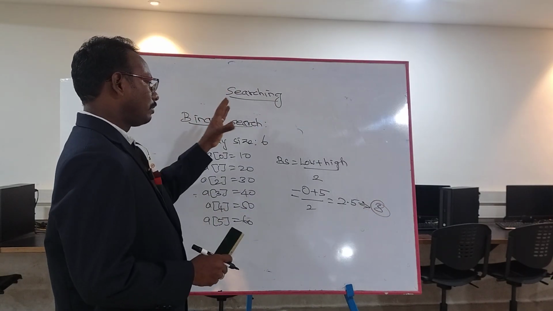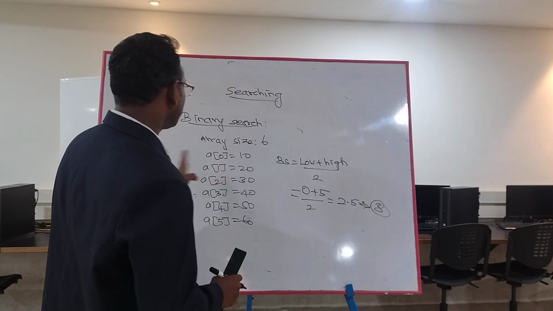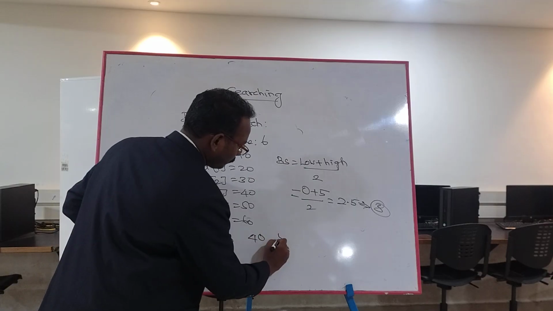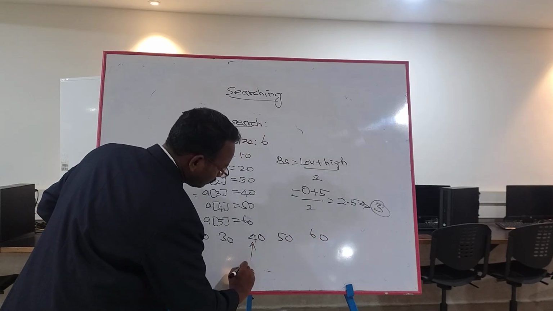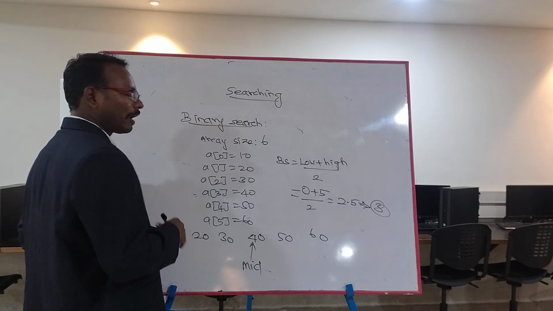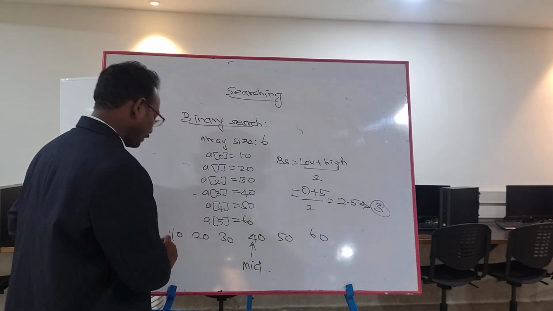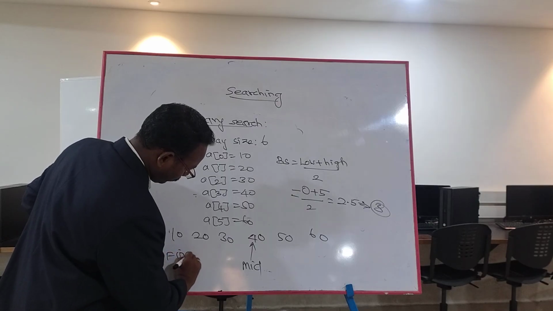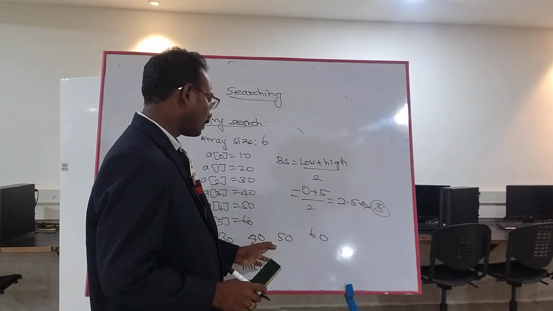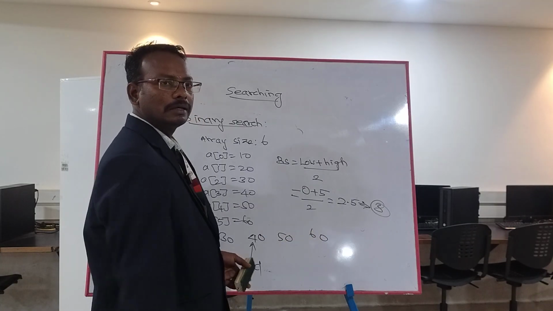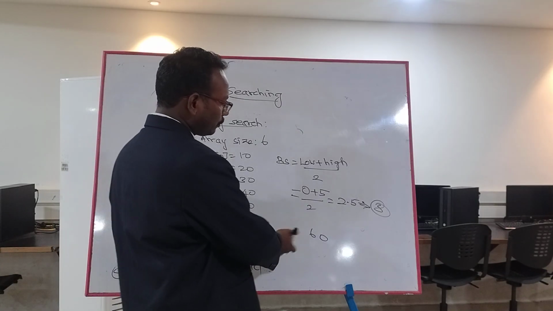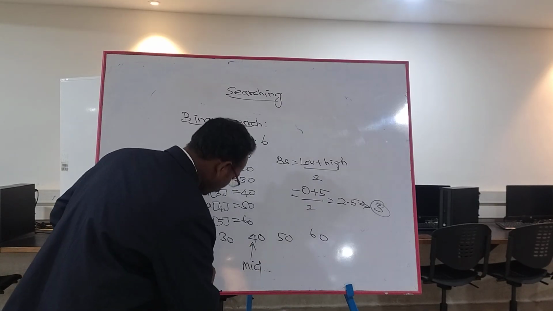Based on that, we split the database into two parts: 20, 30, 40, 50, 60. Now I have to find whether the number is present. If the number to find is 50, we know it should be in the part greater than the mid value, so it is found easily.